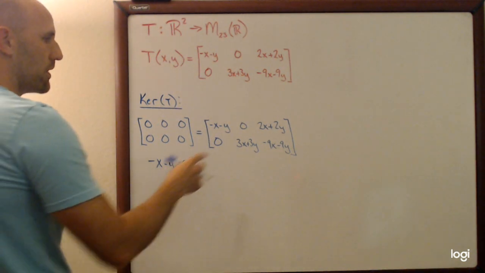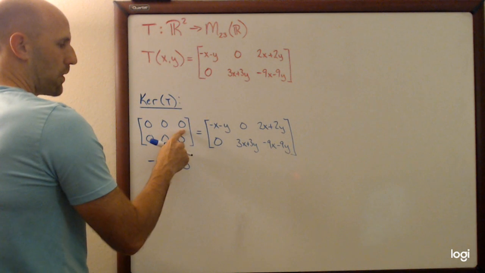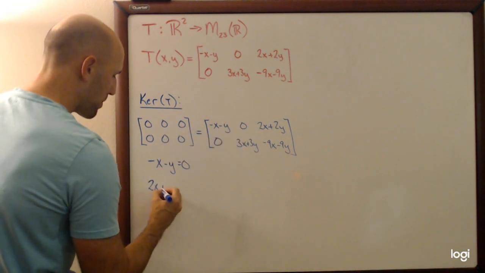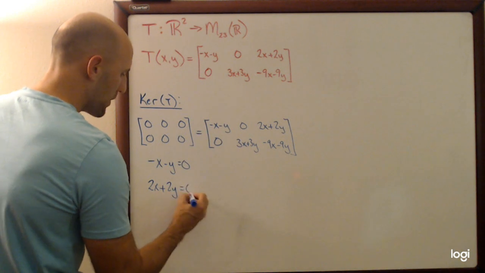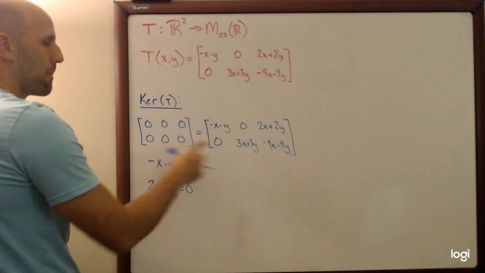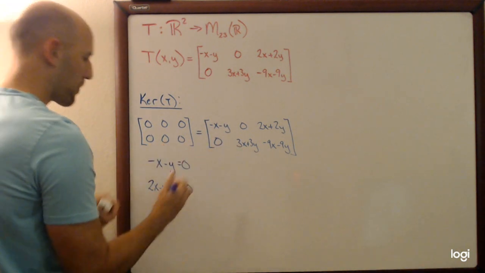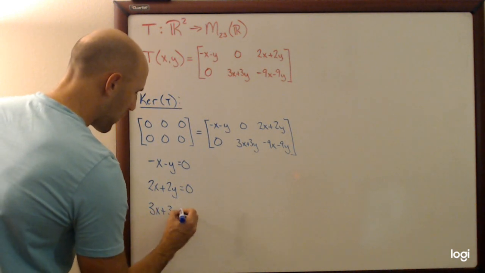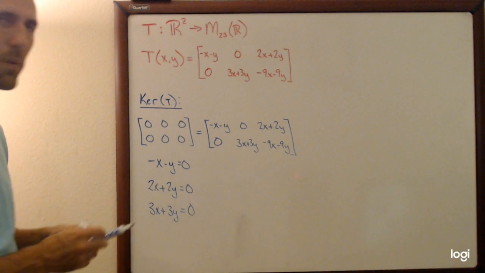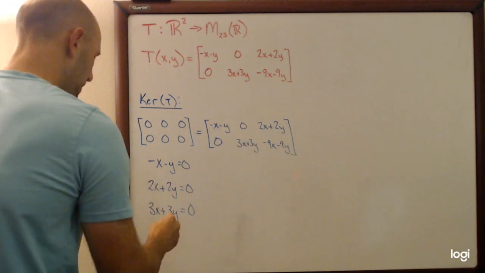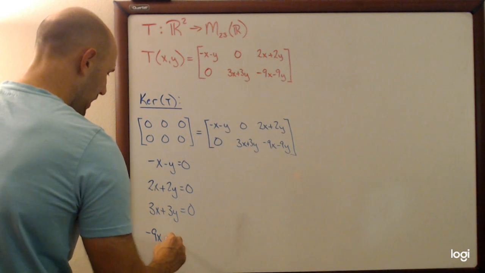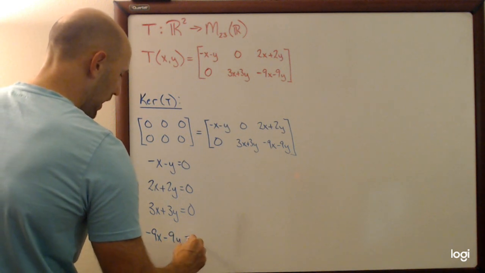Look at the 1,3 entry. This tells me that 2x plus 2y must be 0. And what about this one? The 2,3 entry says 3x plus 3y also equals 0. And this last one gives me negative 9x minus 9y equals 0.